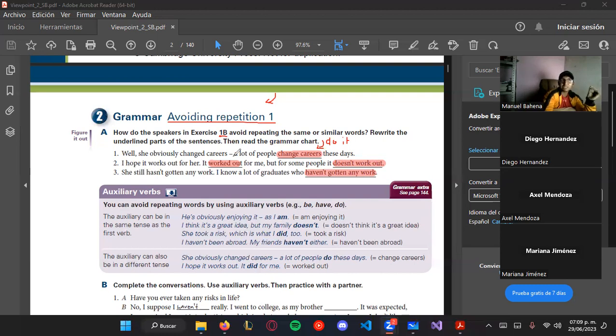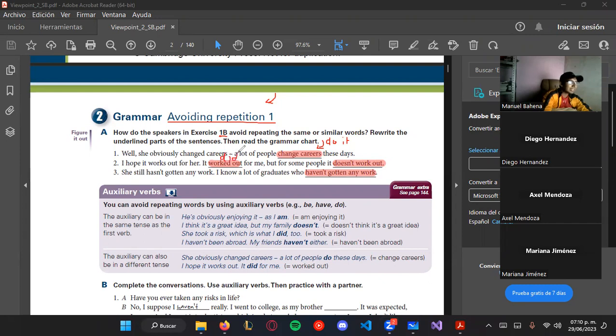Sí tendría sentido, but it's not what we're looking for. Pero no es lo que estamos buscando. We're just looking for 2 words, actually. No, actually 1 word. Just 1 word. Did. Exactly, Diego.